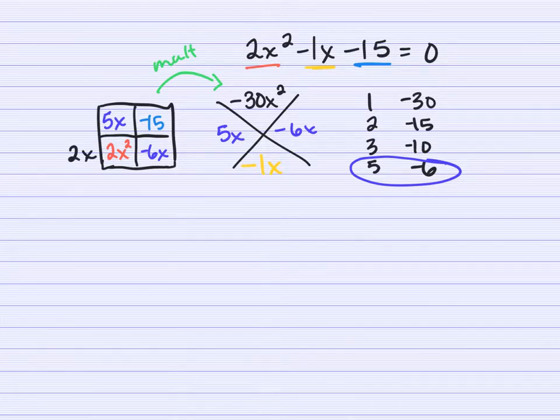Then I'm looking at what do I multiply 2x by to get 2x squared, so that's going to put an x right there. Then I'm looking at 5x divided by x, which gives me 5. The other way I can think about that is x times something gives me 5x, so that's going to give me 5 over here.